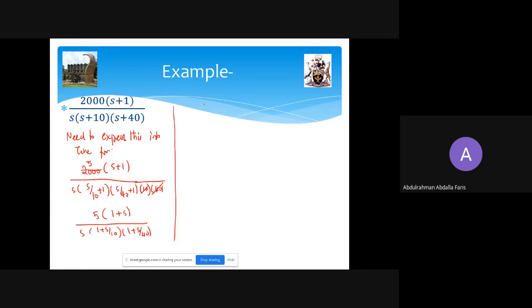Since we are dealing with frequency, we set s to j omega. So we'll have 5 over j omega, 1 plus j omega as a zero, 1 plus j omega over 10, and 1 plus j omega over 40.